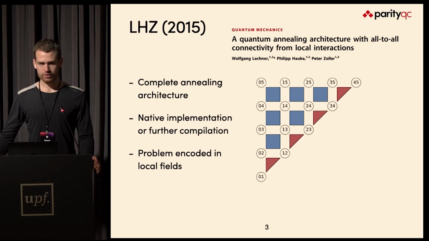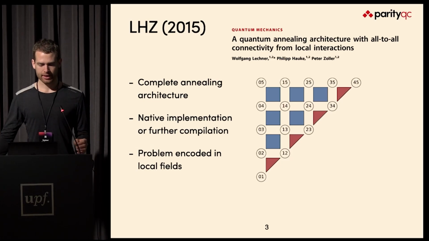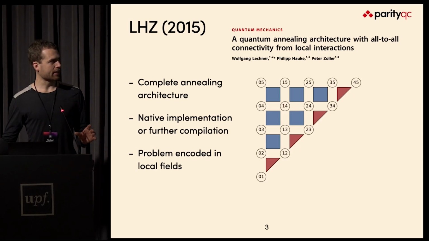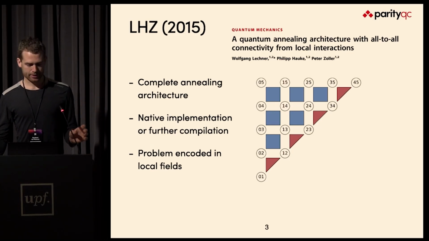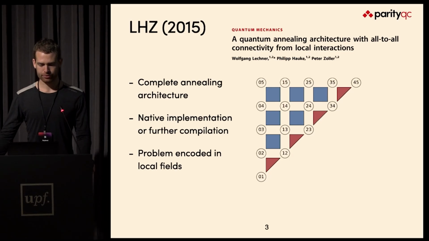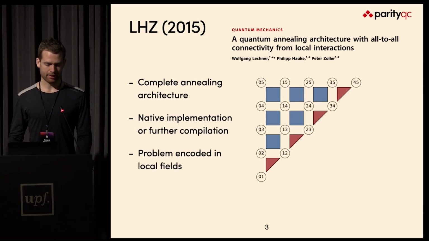One other special feature is that the whole problem, so all the Jij, are encoded in local fields on the qubits. Whereas in a normal QUBO formulation you have these 2-qubit terms, the transformation puts all of the local fields on the qubits, and then the constraints, the plaquettes, just have to be strong enough that the mapping is satisfied. I will go into more detail about this mapping later.